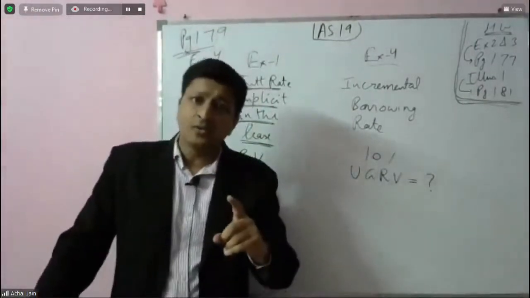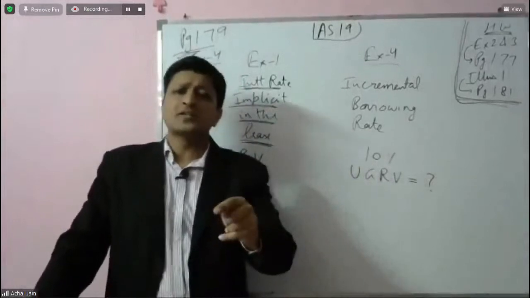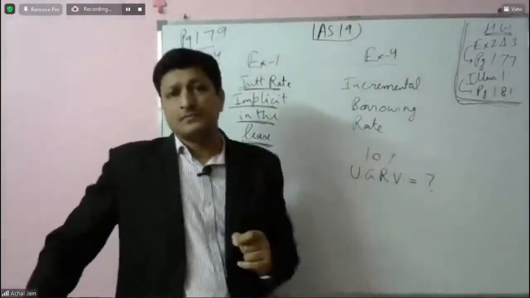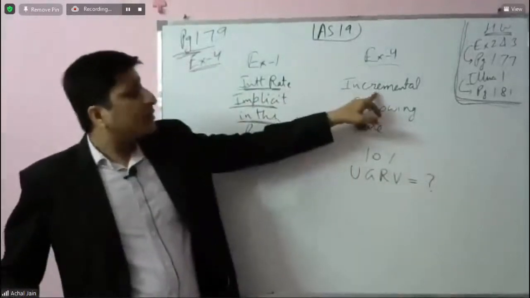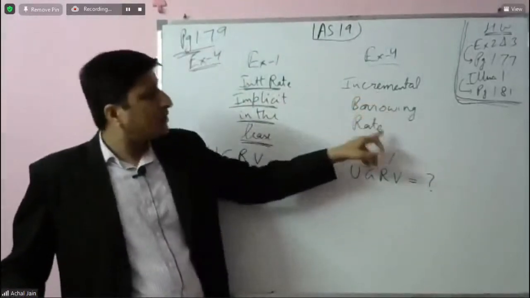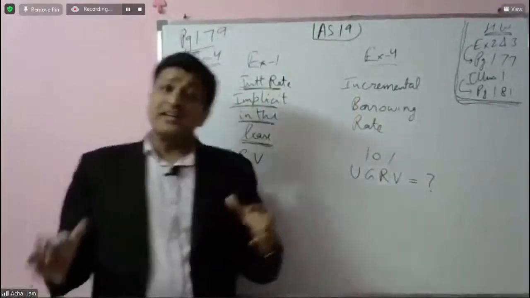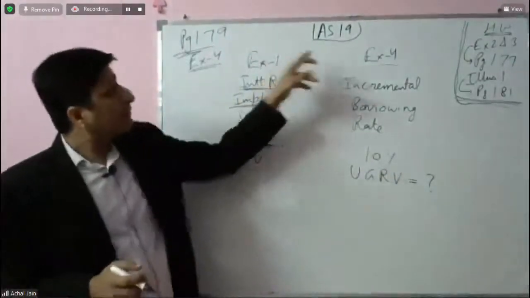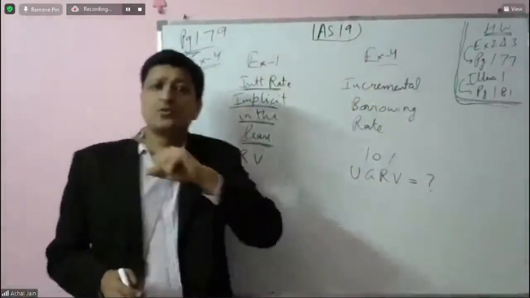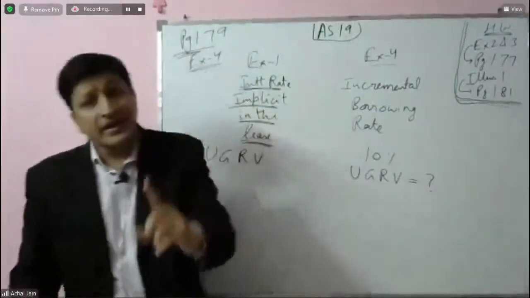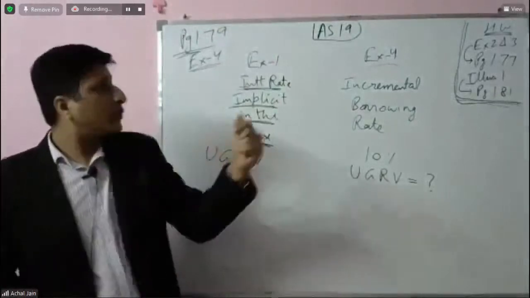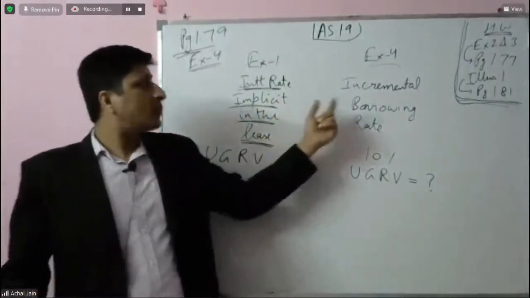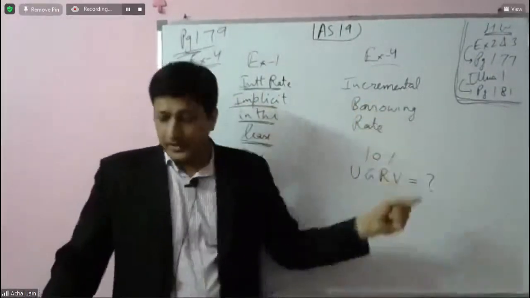In such a scenario, you will have to compute the discount rate, but that discount rate will be known by a different name, called incremental borrowing rate. The entire technique which we have used in example number 1 will remain the same. There is no change. The only thing is, instead of calling that rate the one which is implicit in the lease, we will call it incremental borrowing rate.